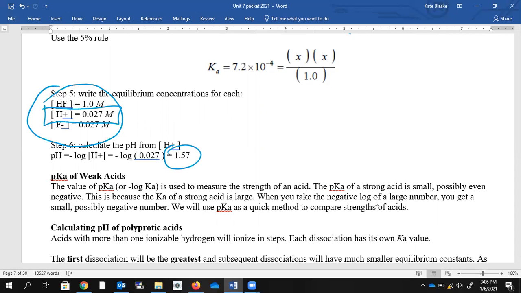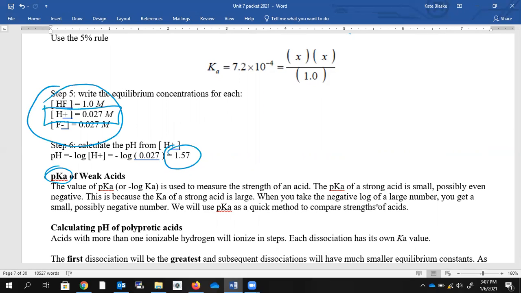Just like we can use pH as a measurement of how much H plus is in the solution, how acidic or how basic something is, there is another value that we can use called the pKa. So anytime you see a P in front of something, P means the mathematical function of negative log.